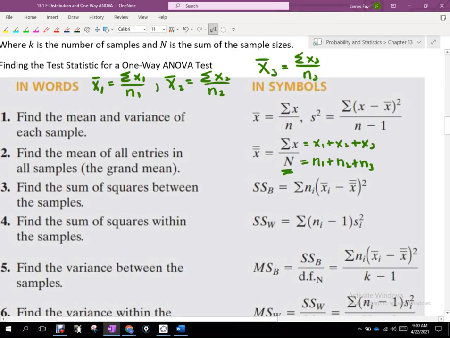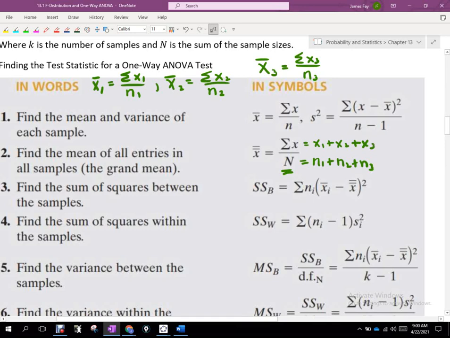Then it's X bar, the mean of each sample, minus the grand mean, and then we'll square that. If we're doing this by hand, this is probably best computed with Excel, which we'll use to generate and organize those for us.